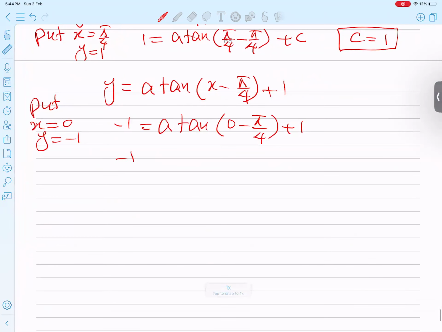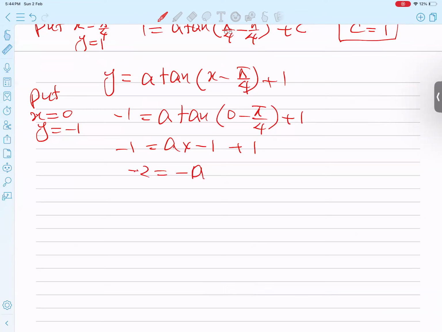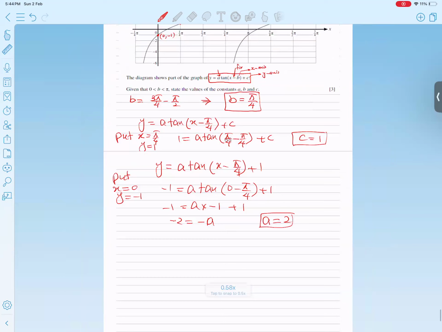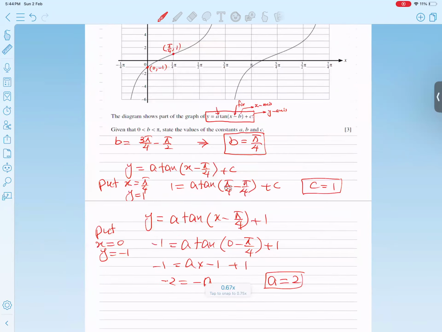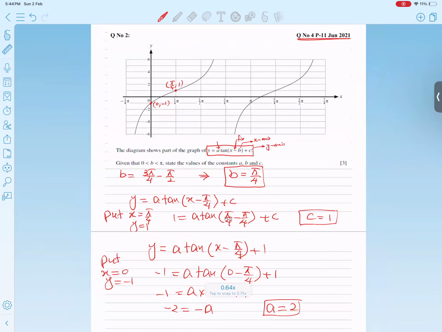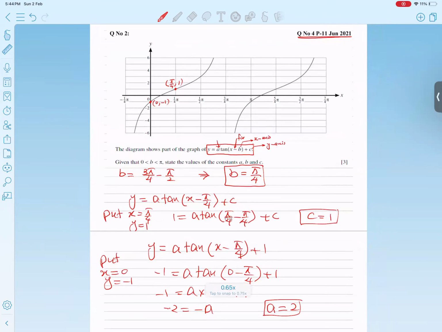For your knowledge, tan of negative pi by 4 will give you minus 1. So I got negative a, and this 1 goes to the other side. I got minus 2 equals negative a, the negatives cancel, and I got a equals 2. Alhamdulillah rabbil alameen, finally I got the answer a equals 2. So the whole question is completely over: a is 2, c is 1, and b is pi by 4. I hope you understood the question very well.